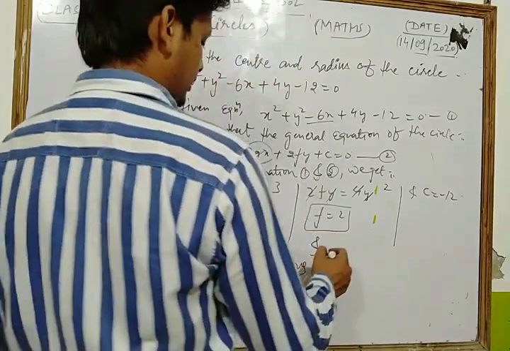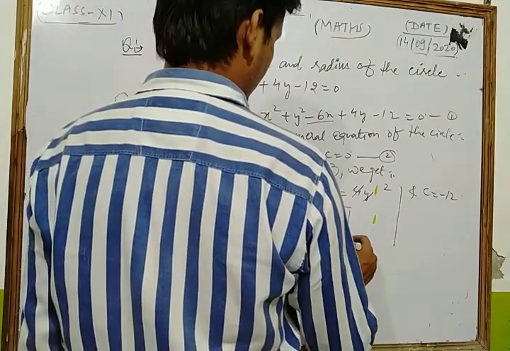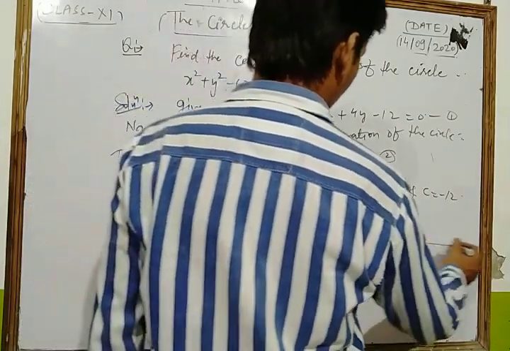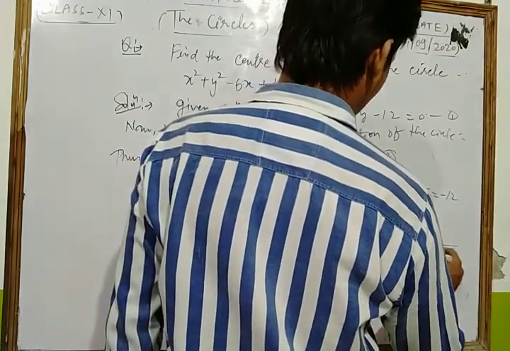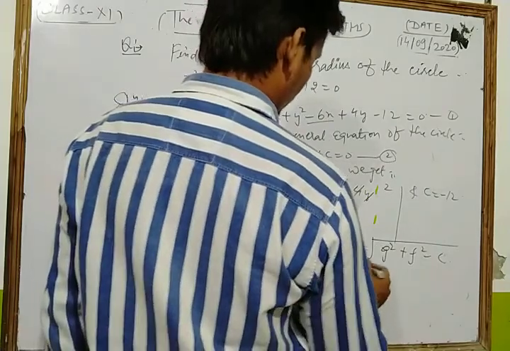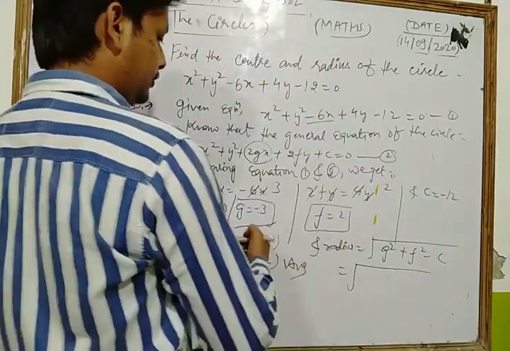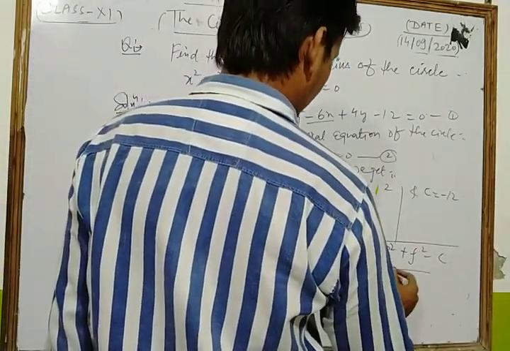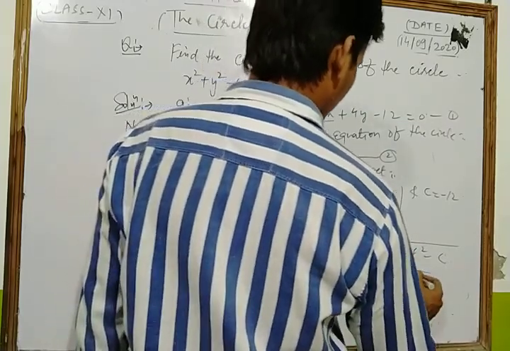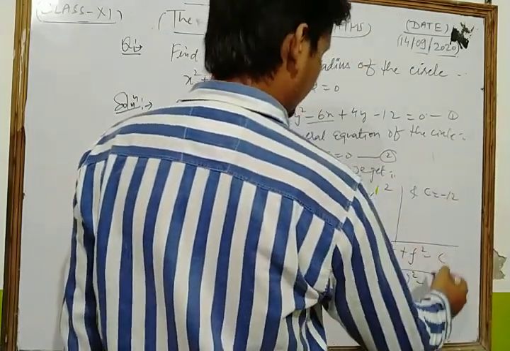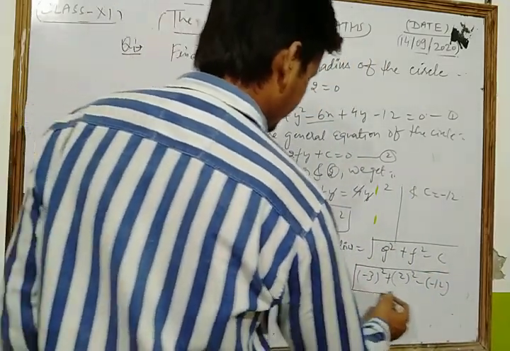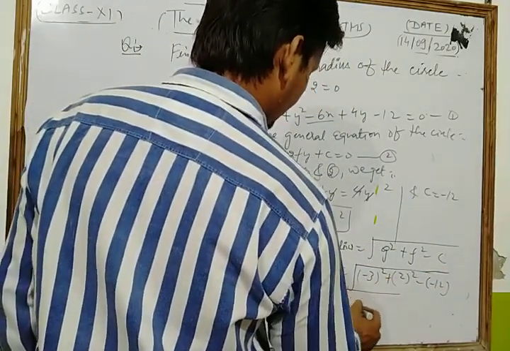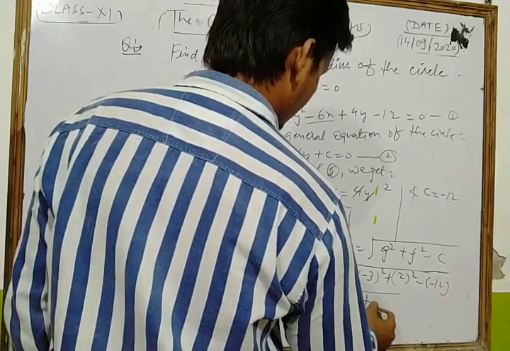And the radius is equal to the square root of g square plus f square minus c. Now we write the value of g as minus 3, so minus 3 square, plus f square, which is 2 square, minus c, and the value of c is minus 12. After solving, 3 times 3 is 9, 2 times 2 is 4, and minus minus 12 is plus 12.